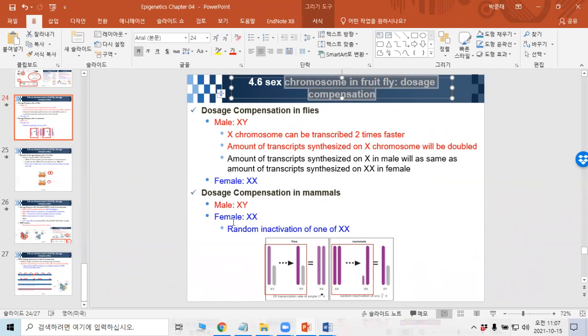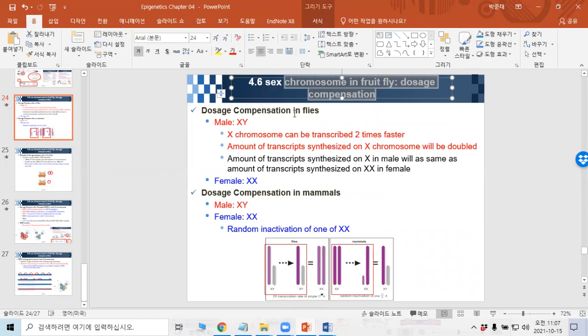For example, in mammals we also have a dosage compensation mechanism. Male has XY and female has XX, so in females, usually random inactivation of one X chromosome happens.